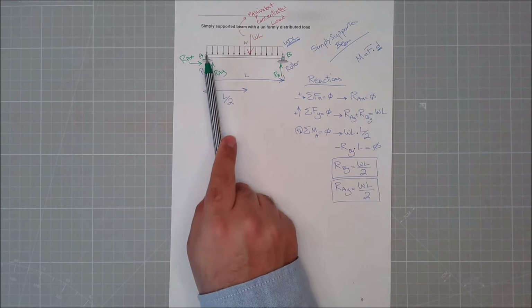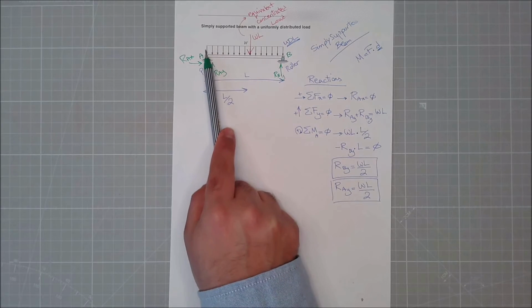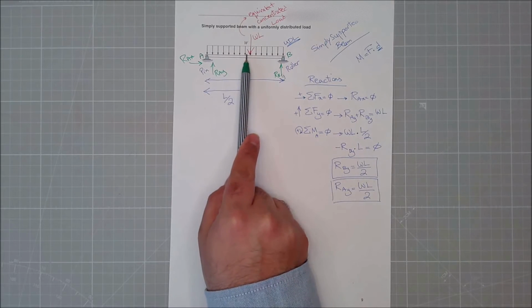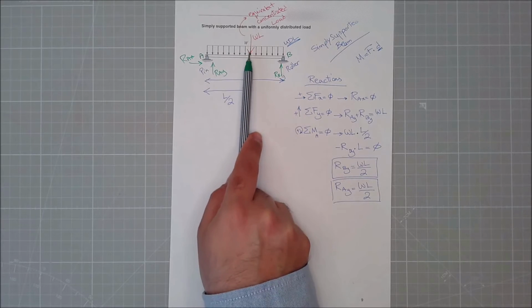So if I start from here, I'm starting from the distributed load. So nothing is changing actually. Everything is constant until I reach this point where I have the equivalent concentrated load.